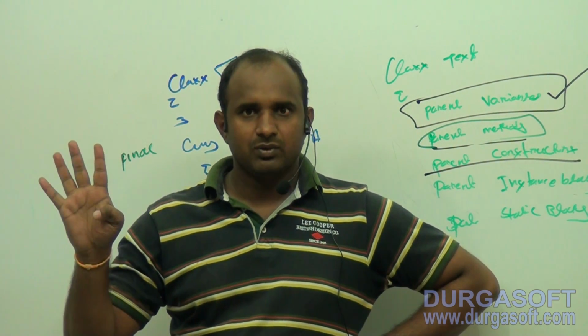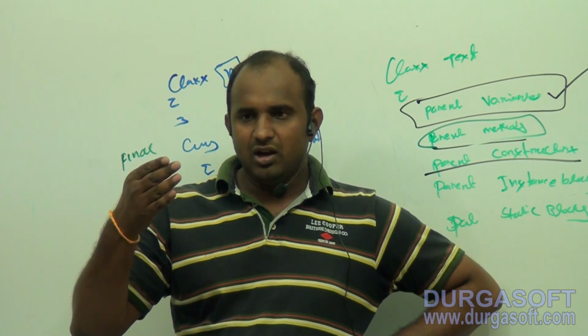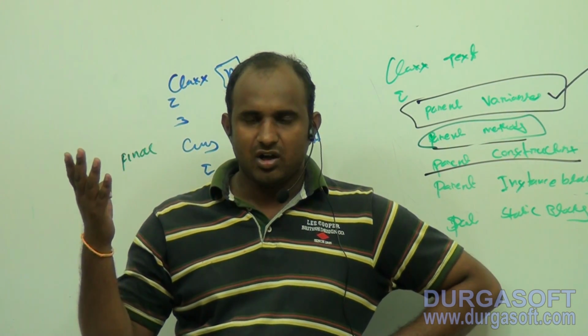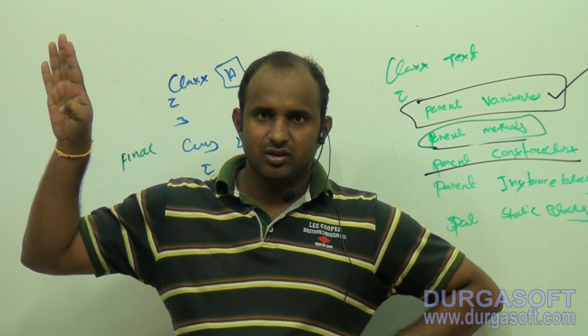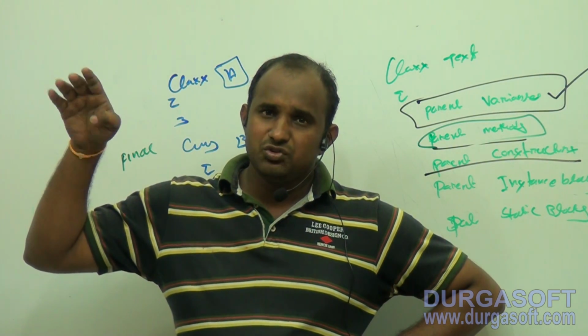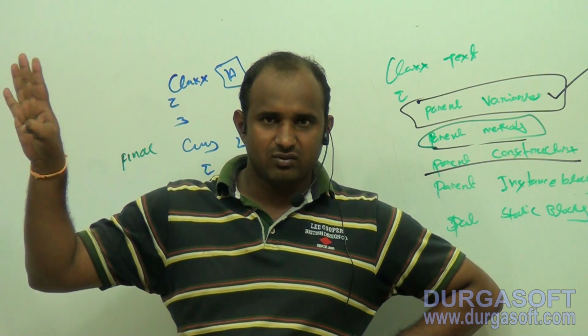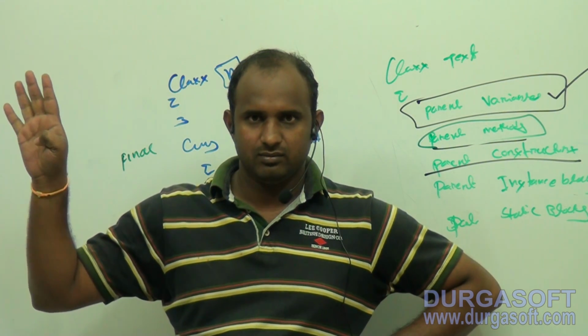Example number 4: in the child class, we are calling the super class zero argument constructor, but in the parent class there is no zero argument constructor, which means a default constructor will be created.